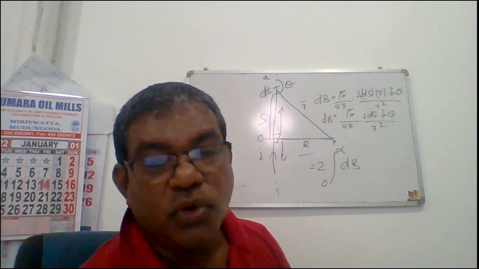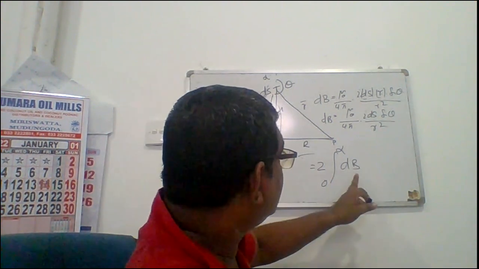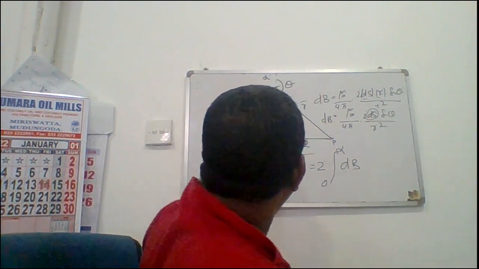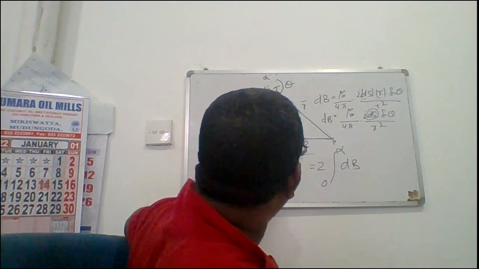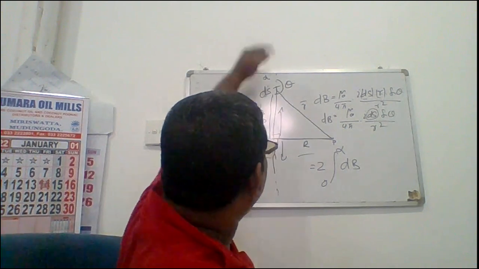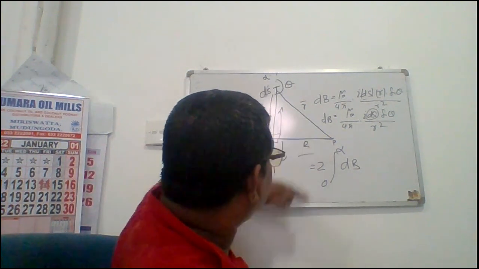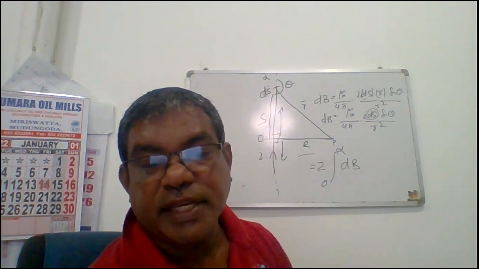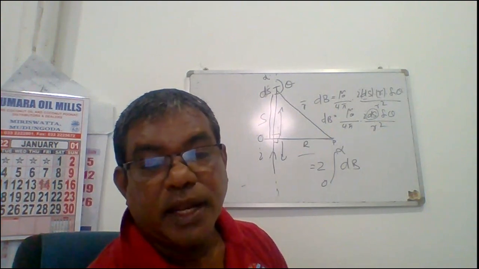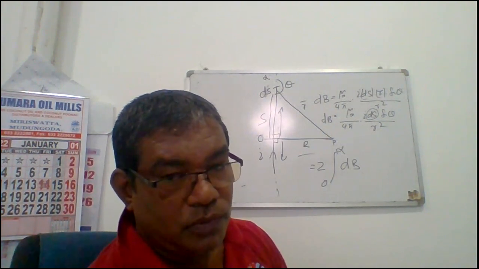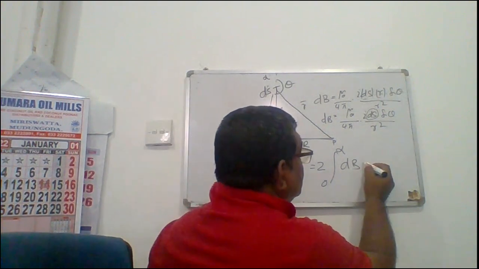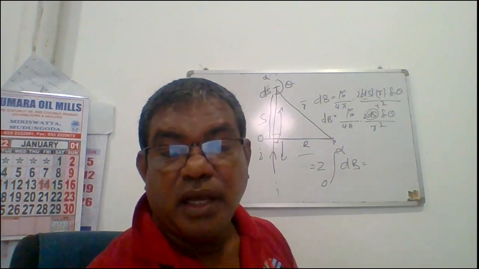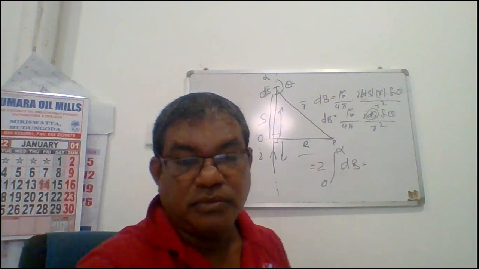Since ds would be from minus infinity to plus infinity, I will separate from this 0 point to plus infinity. That is twice, because it is a symmetrical line. You can see that 2 is there, right? Now it will be easy.